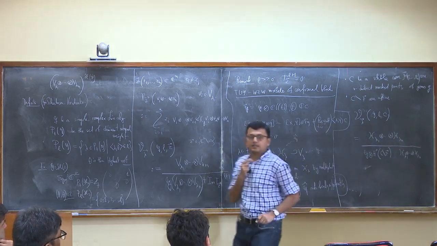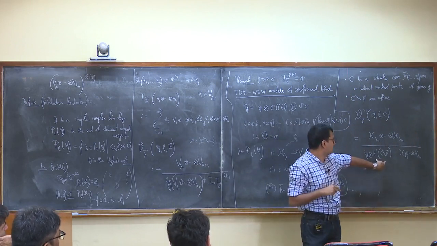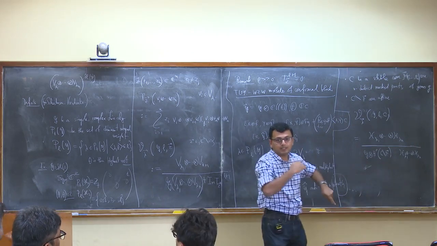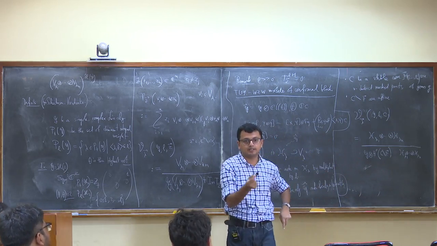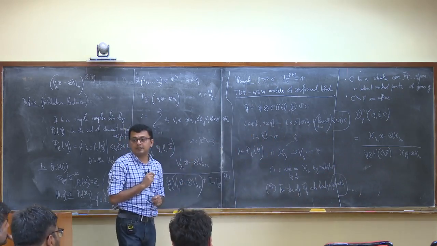This is not G hat, because G hat is only local. It has a local picture, but you want the global picture of the curve to come in. So this is the definition of conformal blocks.